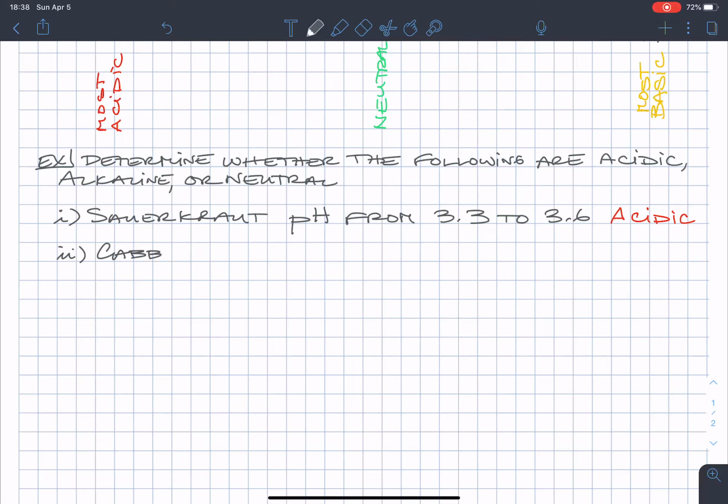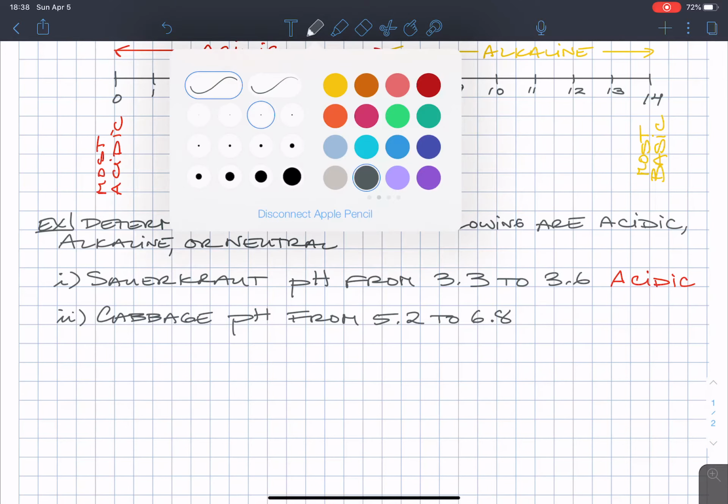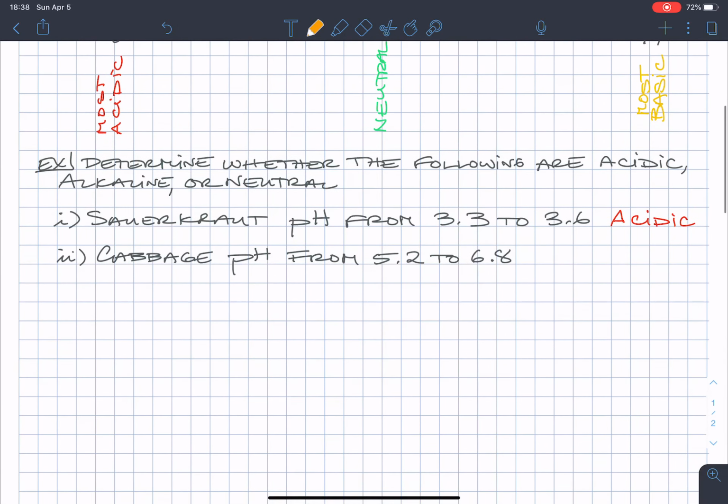Of course, sauerkraut is cabbage, but it's been fermented. So just regular cabbage has a pH from 5.2 to about 6.8. Okay, so that's still a bit acidic, but a little bit less so. It's almost neutral, right? So acidic, but not as acidic.